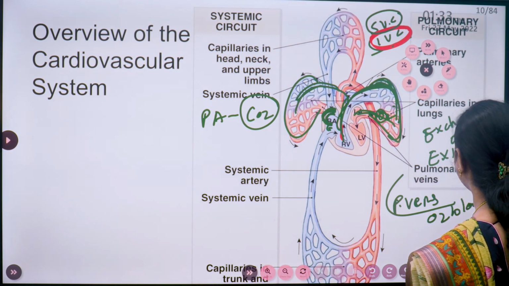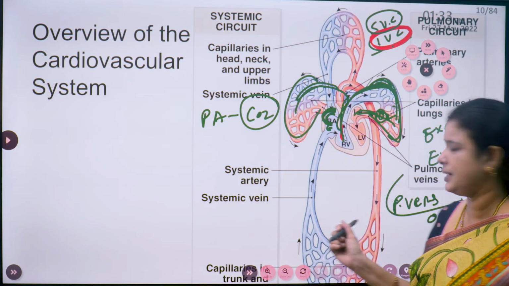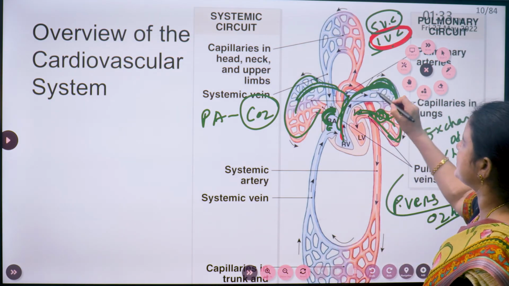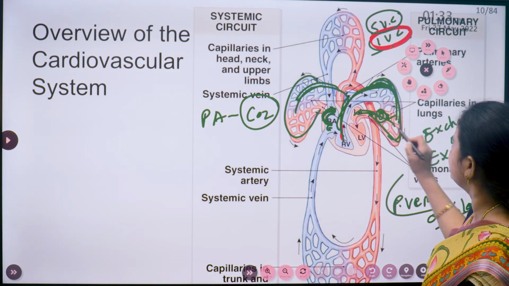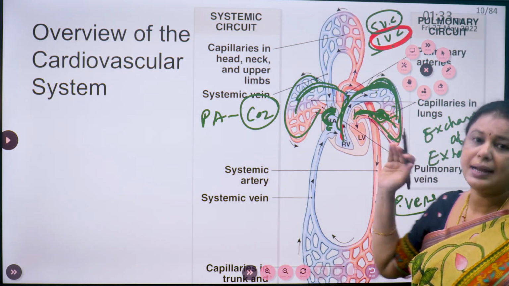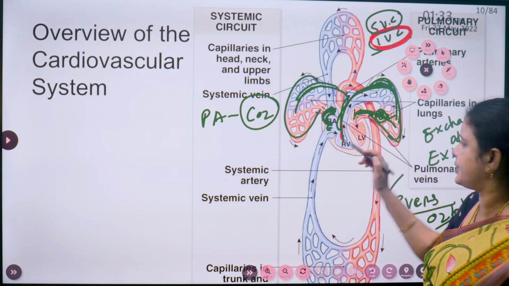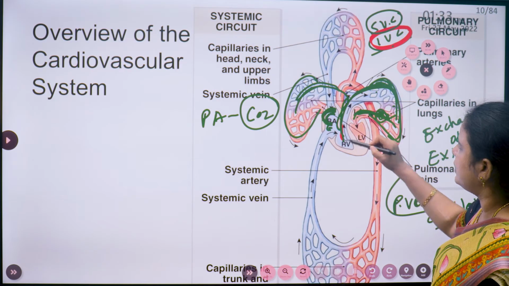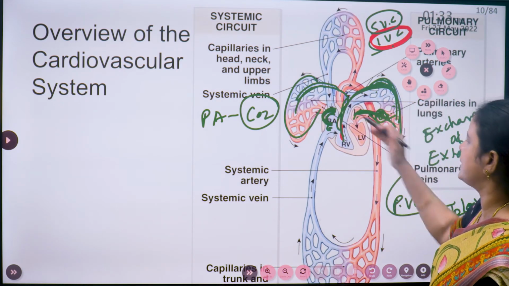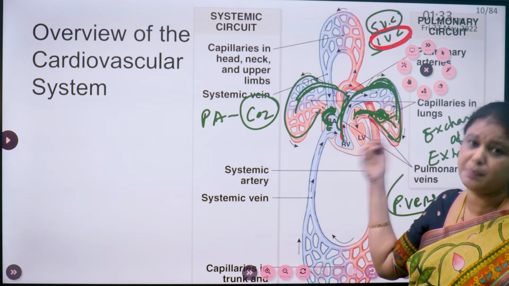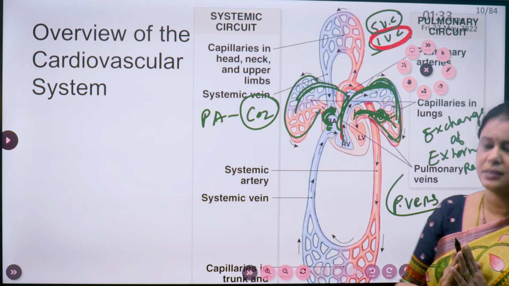Usually all veins carry deoxygenated blood except the pulmonary vein. Pulmonary veins bring oxygenated blood to the left atrium. This is called pulmonary circulation.